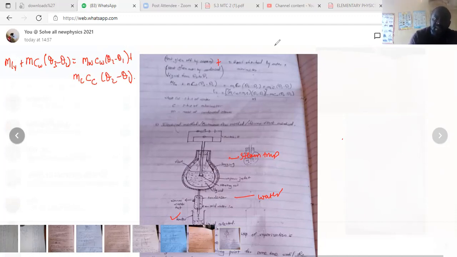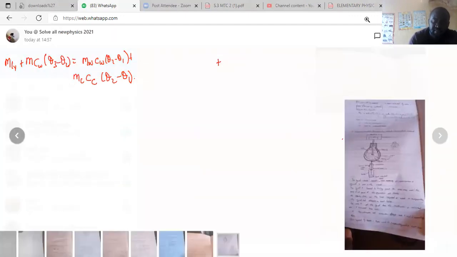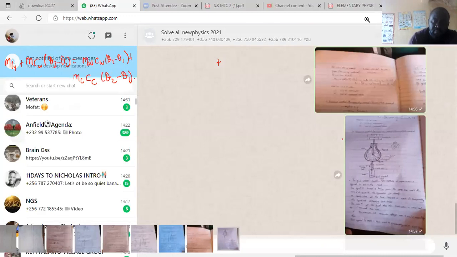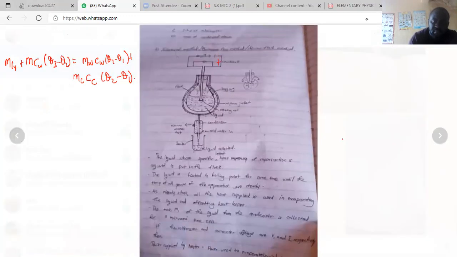Then the last experiment here is the electrical method.